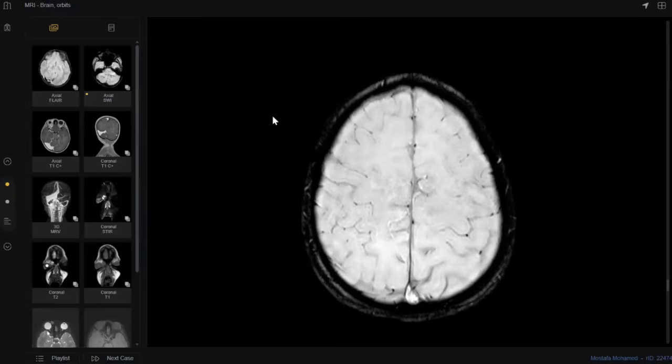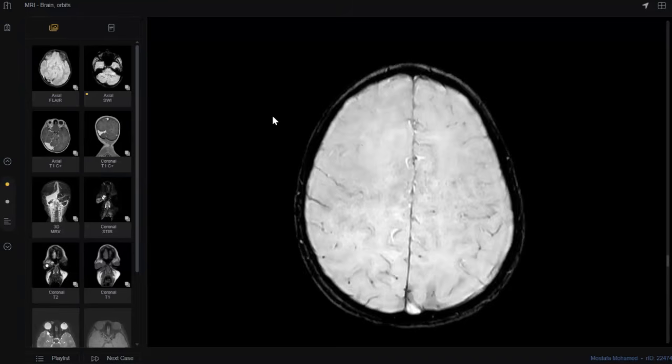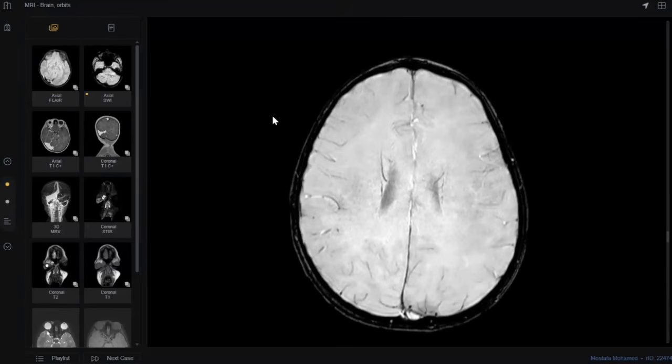There is no blooming signal seen in the right transverse sinus. Are you sure? In SWI, there is no evidence of blooming in the right transverse sinus.